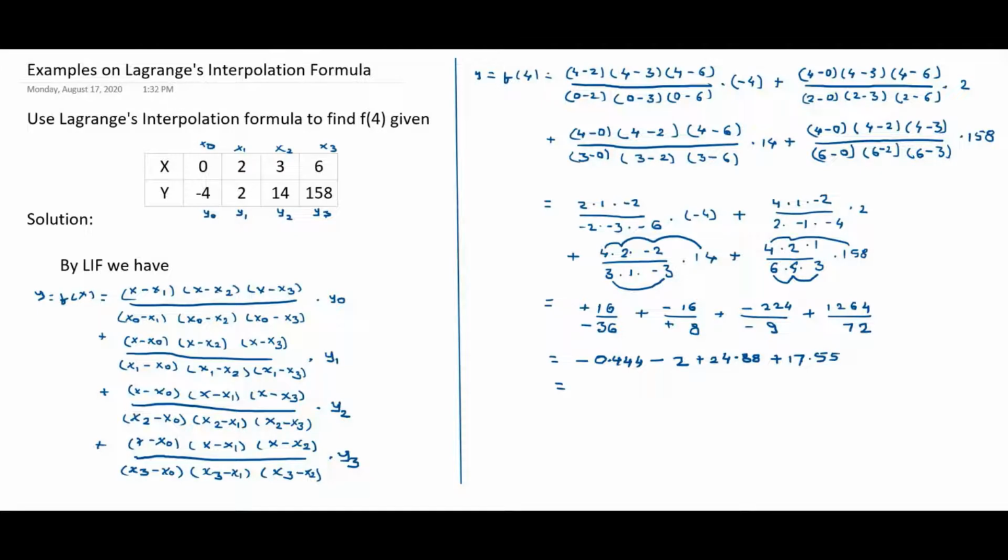If you simplify this you will get 39.986, and it is approximately equivalent to 40. So this is the required value of f of 4. Therefore f of 4 is equal to 40.